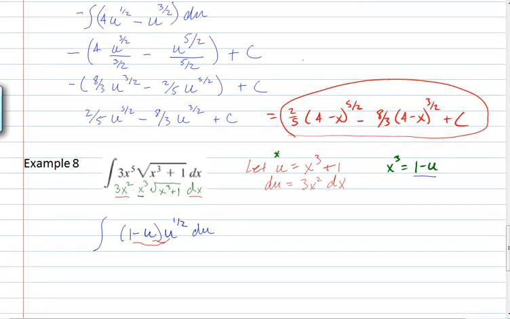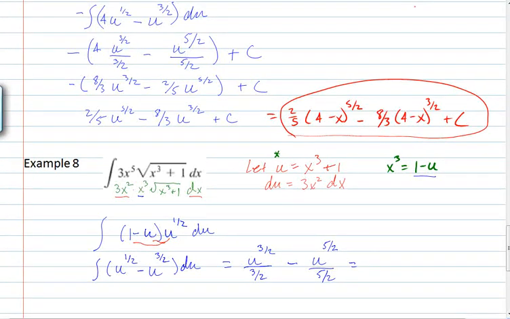Now we distribute. And we get the integral of what? u to the 1/2 minus u to the 3/2 du. So let's find the antiderivative of this. This is going to be u to the 3/2 over 3/2 minus u to the 5/2 over 5/2. So I'm going to carry it a step further.